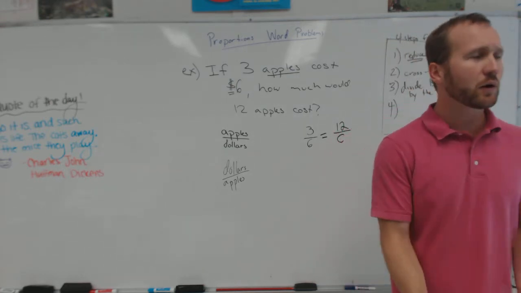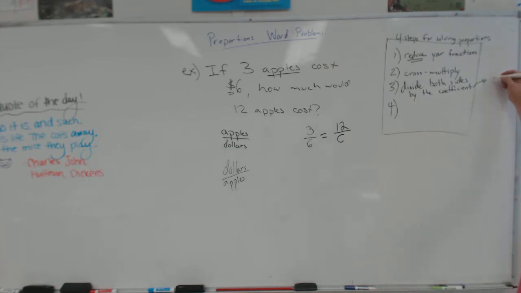So if you don't know what a coefficient is, you should write a coefficient is the number in front of a variable. For example, 2x, 2 is the coefficient.